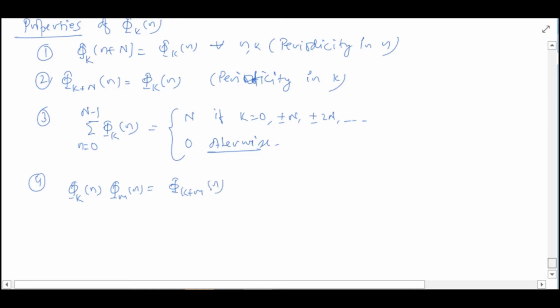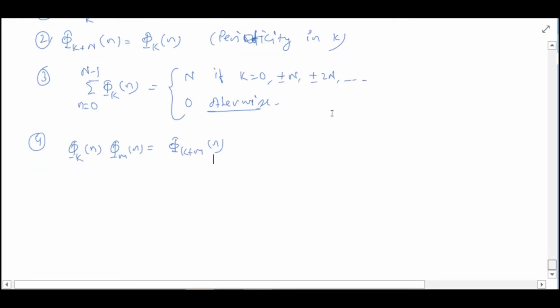Okay. So the next question is, given a periodic signal x[n], how do we find these Fourier series coefficients? Just as we posed this question in the continuous time case. So, finding Fourier series coefficients.